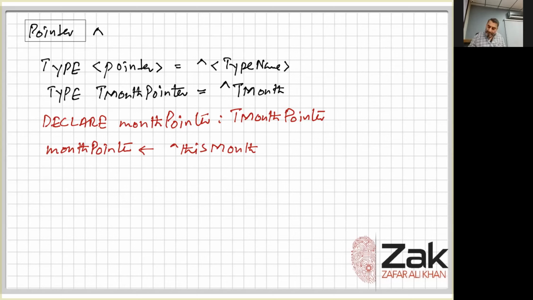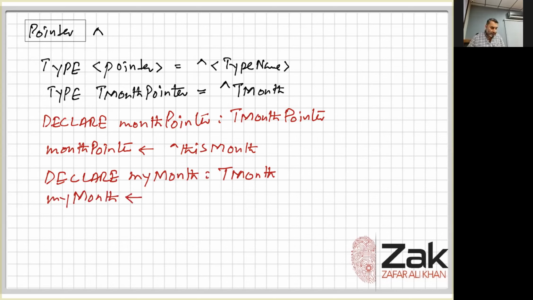Declare MyMonth as TMonth, and then MyMonth is equal to MonthPointer and cap. This is dereferencing.